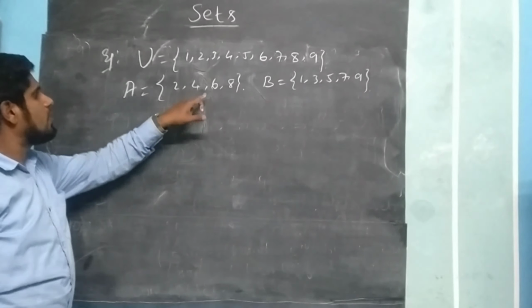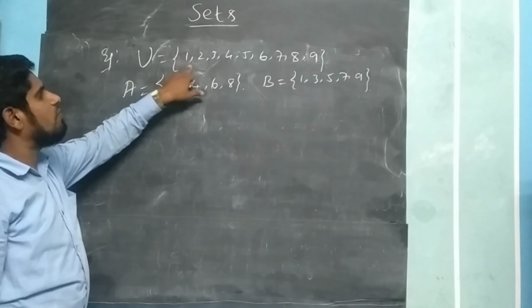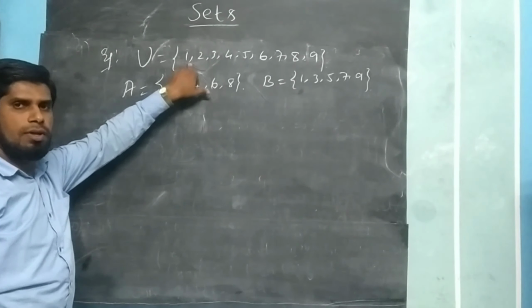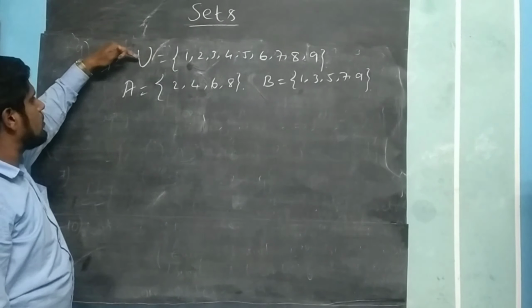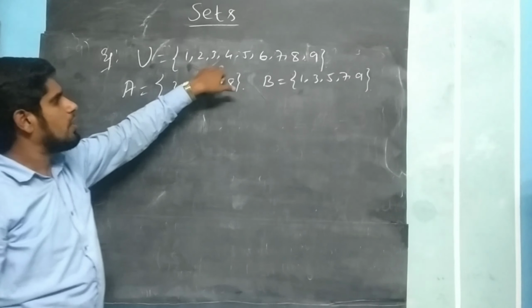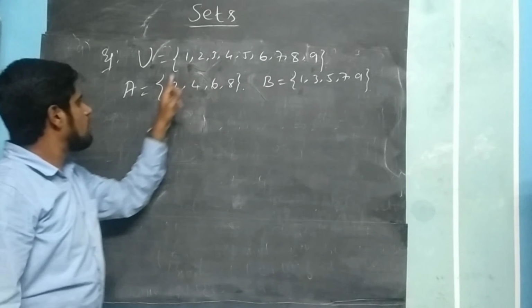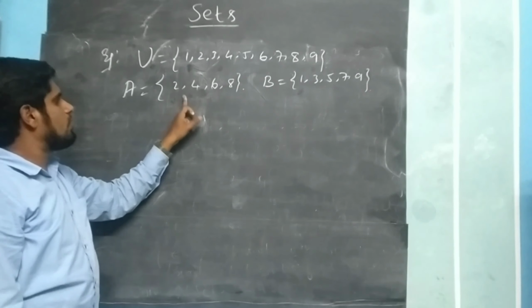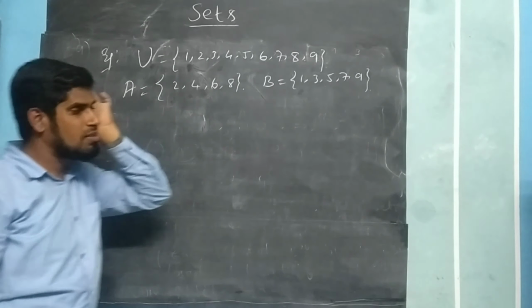If you see this, A is a subset of U, B is also a subset of U, then this U is called the universal set of these two sets.